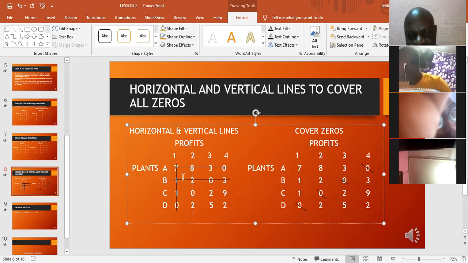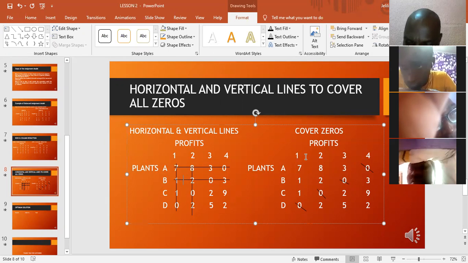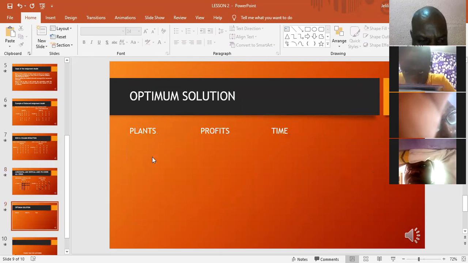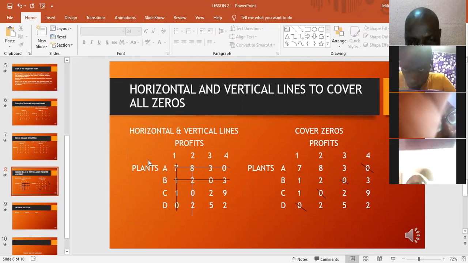Now, this is covering zeros. How many zeros do we cover? 4. That means we have reached the optimum solution, because we have 4 lines, we have covered 4 zeros, we have 4 columns, and we have 4 rows. Now, let's do our optimal solution.